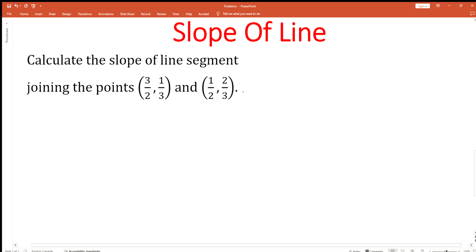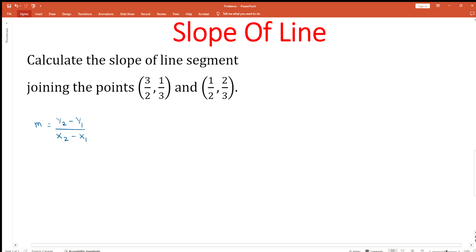We can use the slope formula to calculate the slope. The slope formula is m equals y2 minus y1 over x2 minus x1. In this formula, x1, x2 and y1, y2 are coordinates of 2 points that lie on the line segment.